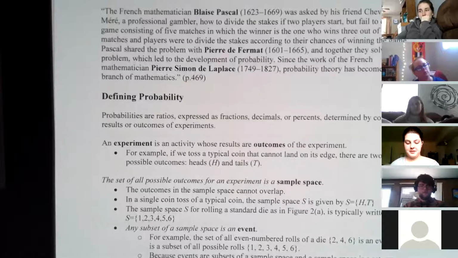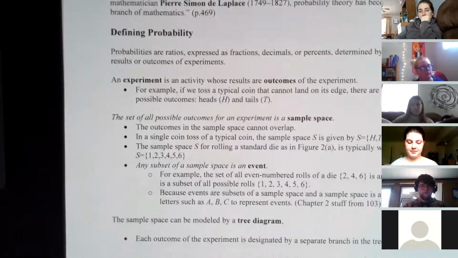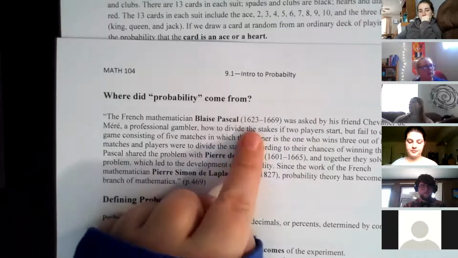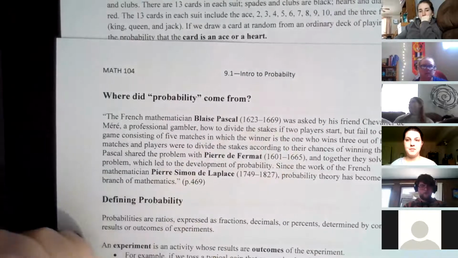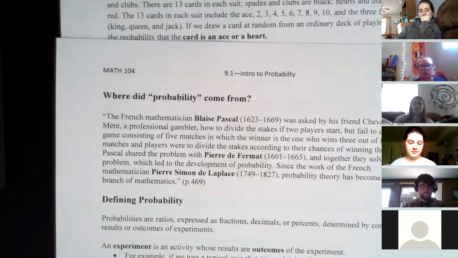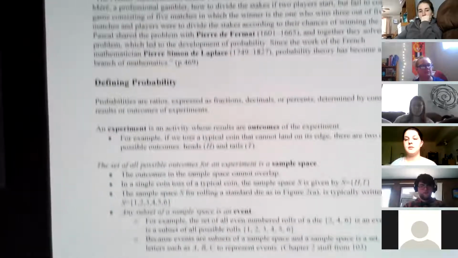We don't need to know that, but just knowing the history and the context of it. Technically, it looks like probability didn't come into play until the 1600s, so fairly new in terms of mathematics.